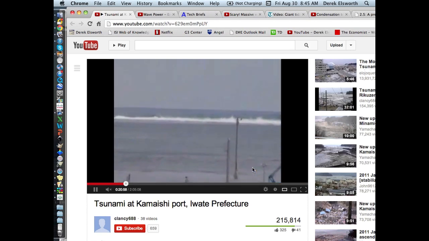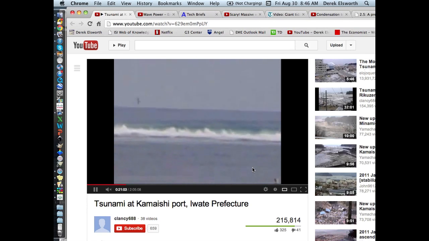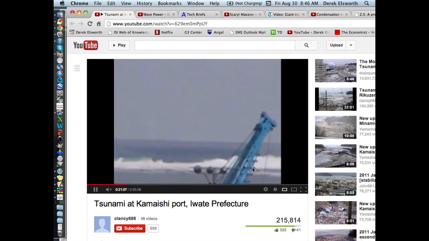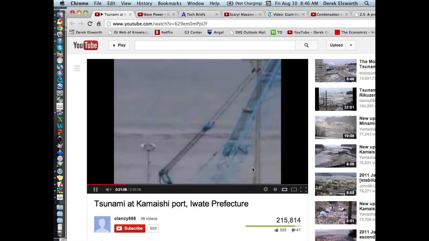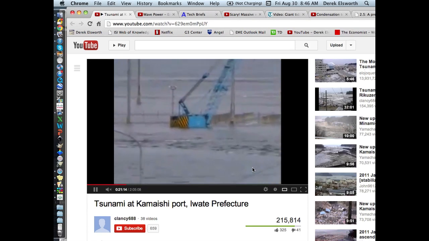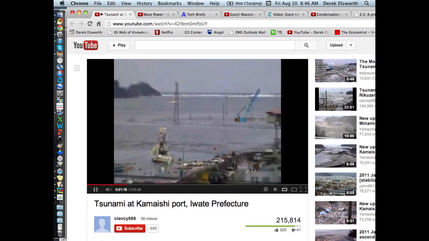This crane, of course, was sitting on a quay before. This is the wave broiling on the horizon line. And as I think they scoot round to look at the right, to their right.